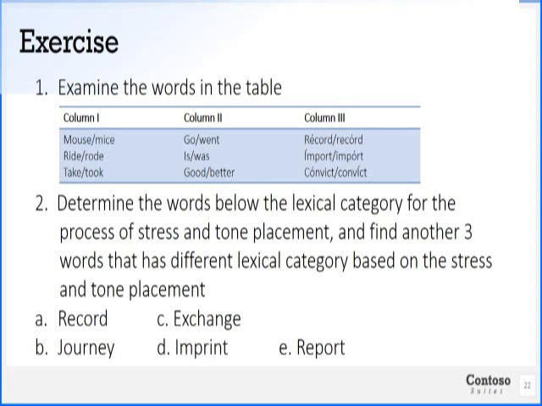So you have to write, for example, if it is a verb, in which part you put the stress. For noun, in which part you put the stress, like that. So you provide 2 forms. For example, record, what is the form for verb, and then what is the form of noun, like that. That is for number 2.